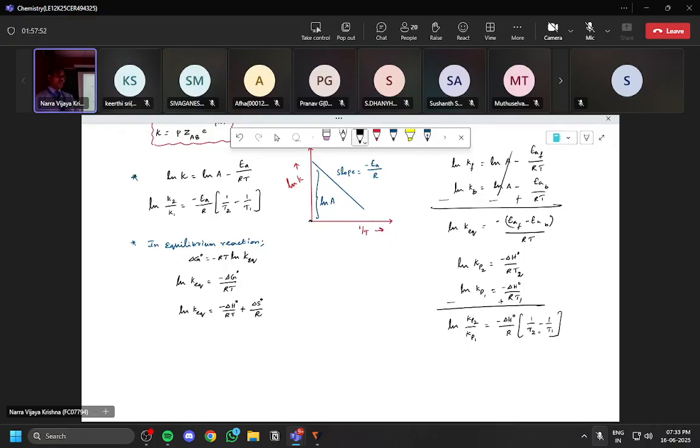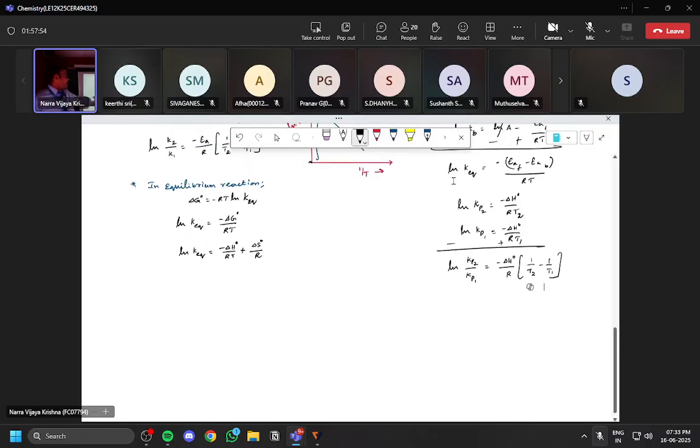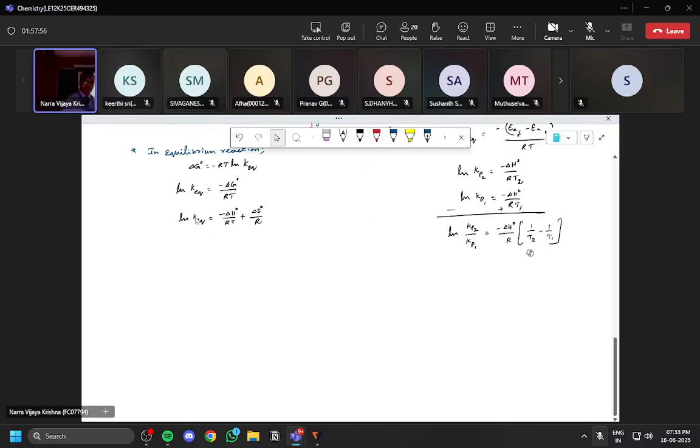Correct? Now, here also I am doing the same. ln Kp2 = -ΔH°/RT2 + ΔS°/R. ln Kp1 = -ΔH°/RT1 + ΔS°/R.